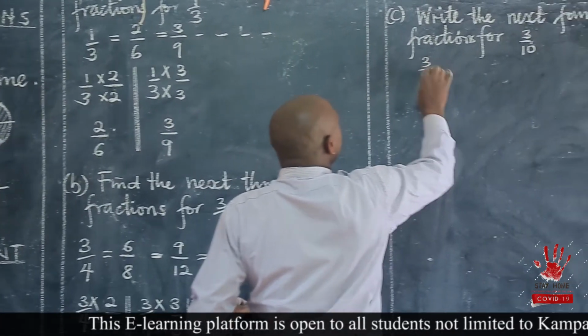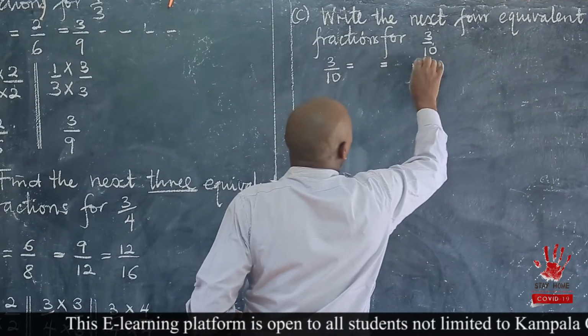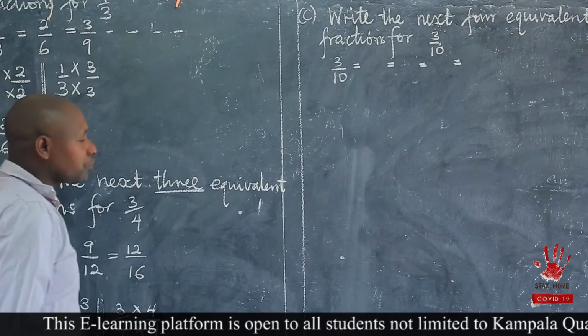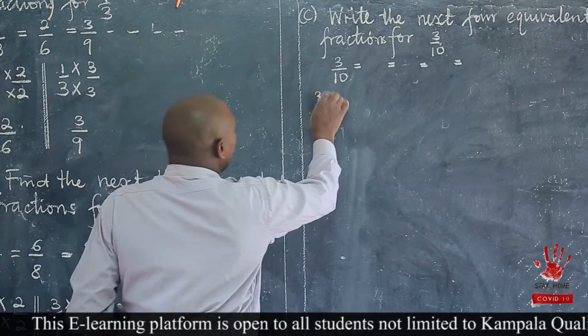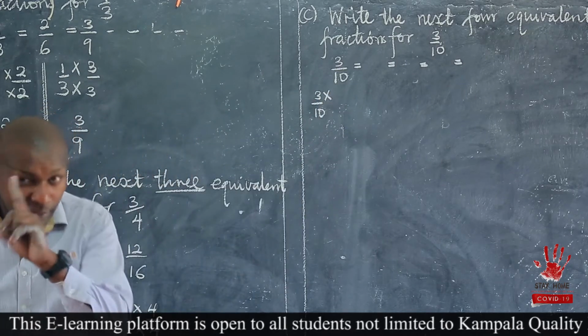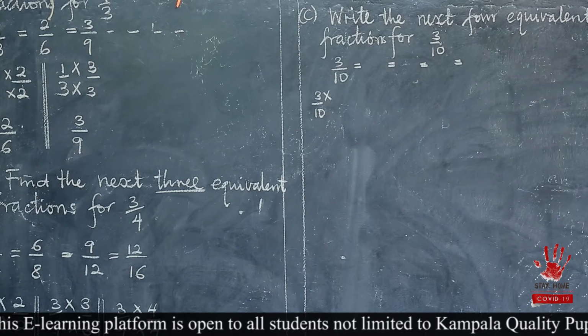We have 3/10 here. We want to look for other equivalent fractions. They said, please give at least 4 of them. So we shall have our 3/10 times the first counting number, which is 1. But we have said we can't use 1. Why? It will give us back 3/10.